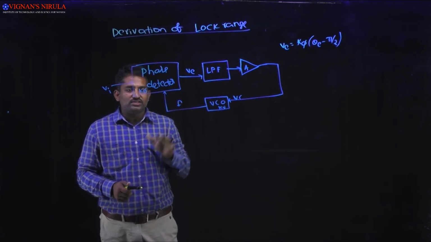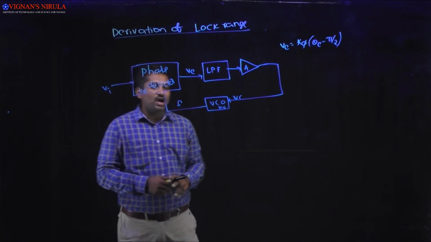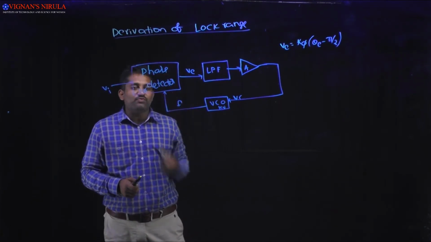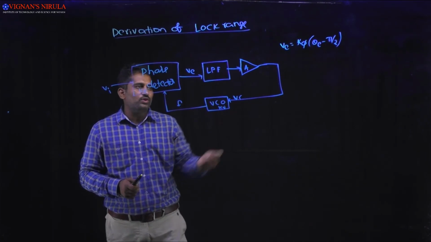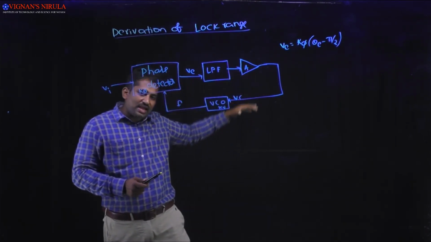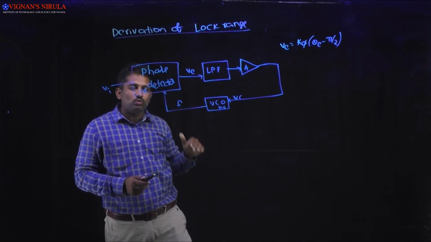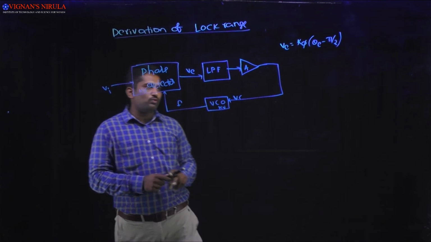Generally the phase detector output is a high DC voltage, which will be amplified with the help of an op-amp, and that will be applied as an input of the VCO, which is nothing but the control voltage or error voltage.